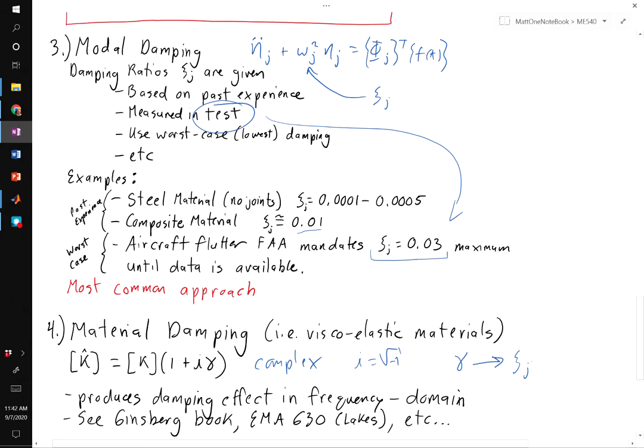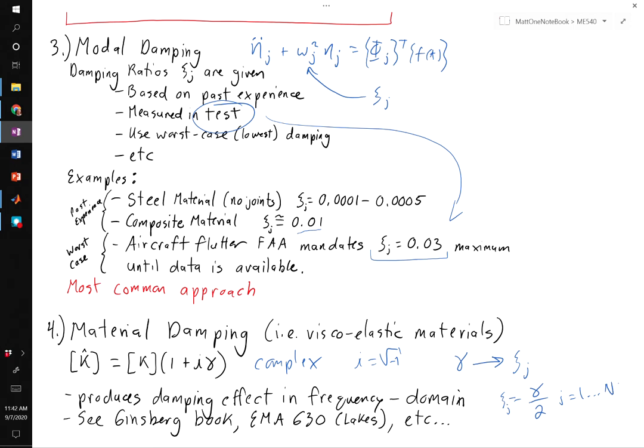And it turns out that that zeta is just equal to gamma over 2 for every mode. So if you're given a material damping, you can just assume the damping ratios, and so that basically becomes the same as approach 3.